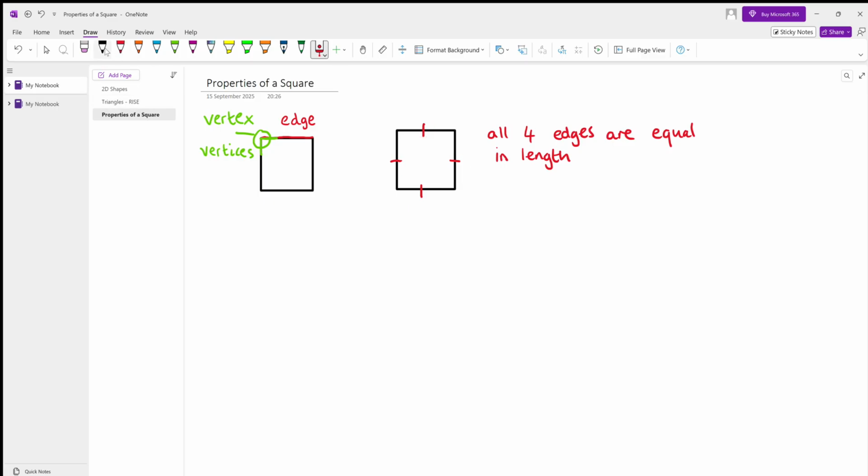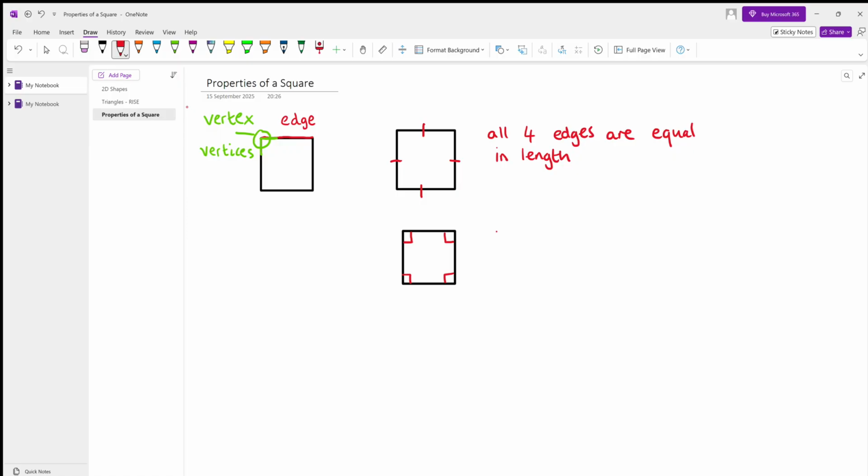Right, let's draw another square. Right, so now I want you to know that the 4 corners or vertices are at right angles. 90 degrees, 90 degrees, 90 degrees, 90 degrees.